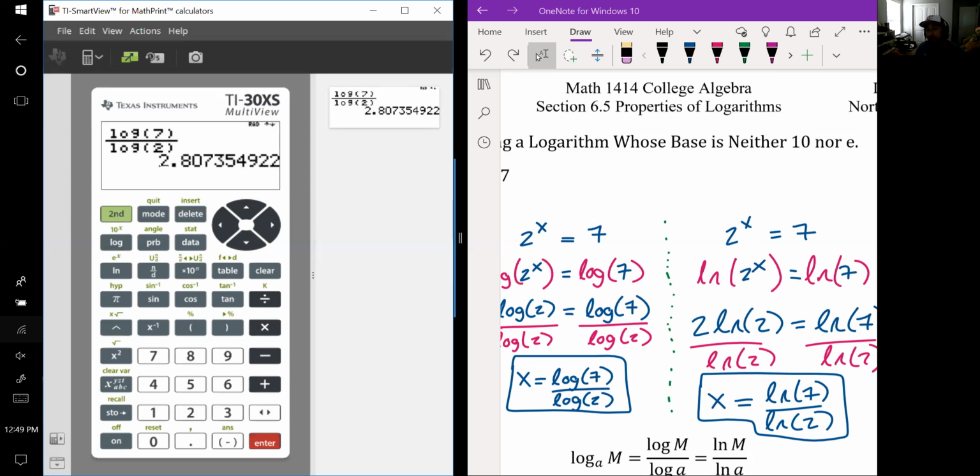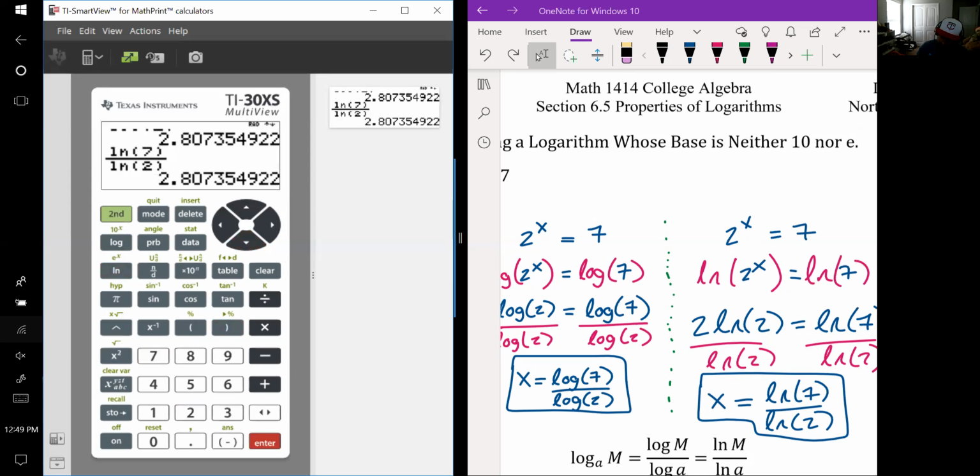And I'll get 2.807. I can also say natural log 7 over natural log 2. And guess what? 2.807. It's amazing, right? Okay, so that's just to show you that you'll get the same answer in the calculator no matter which log you use, the common log or the natural log.